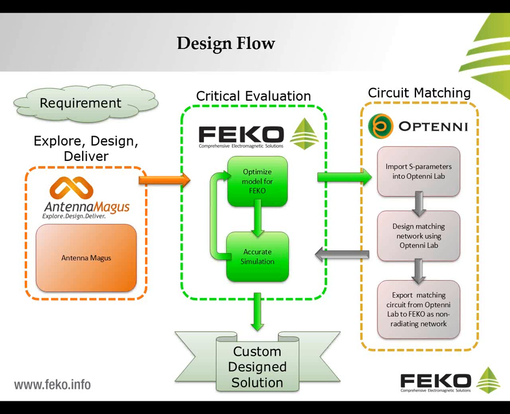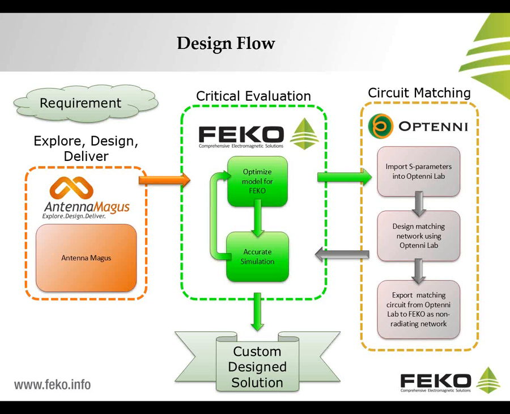The design flow that we're going to use today, in a graphical sense, we'll set the requirement as indicated by the fuzzy cloud at the top left of this representation. As Magus says, we're going to explore for the antenna design to our specification, and then deliver a model to the FEKO part of this tool chain.